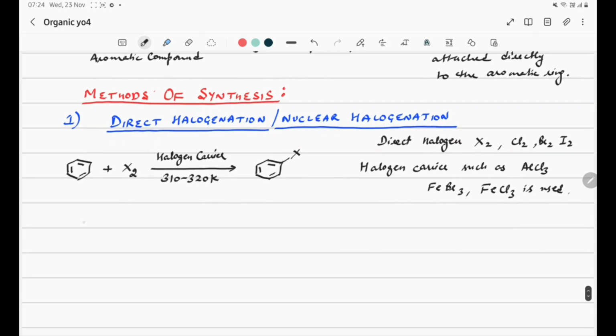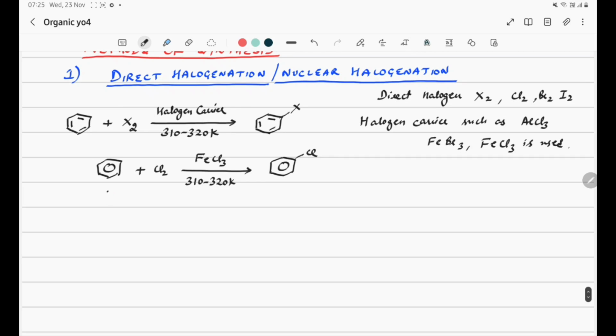Taking an example, benzene can be reacted with chlorine, FeCl3 will be the catalyst, at 310 to 320 Kelvin, and what we get is chlorobenzene.